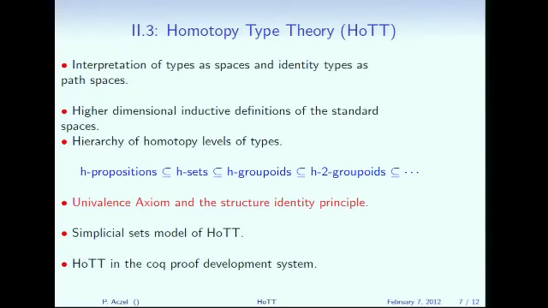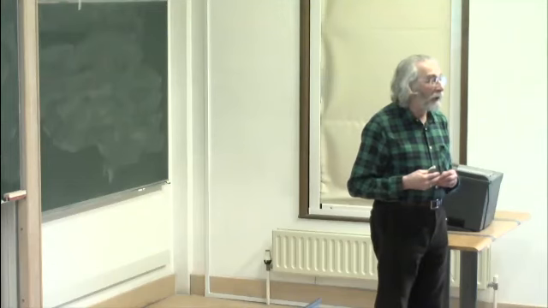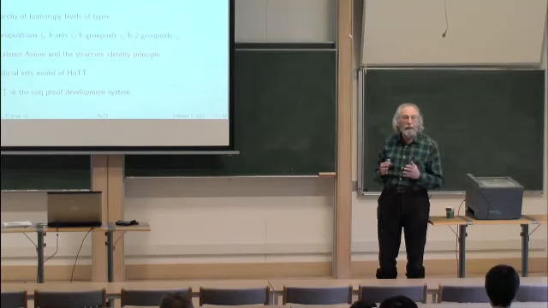Voevodsky is very highly motivated to do machine-checked mathematics, and he is using the Coq proof development system. So most of homotopy type theory is done and machine-checked in Coq. Some of it has been done also in the proof development system Agda.